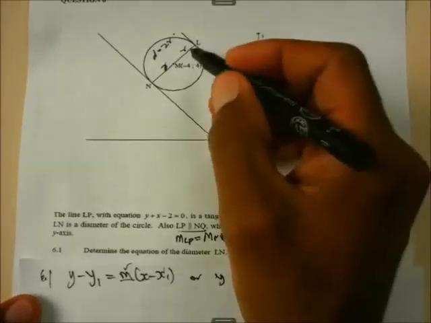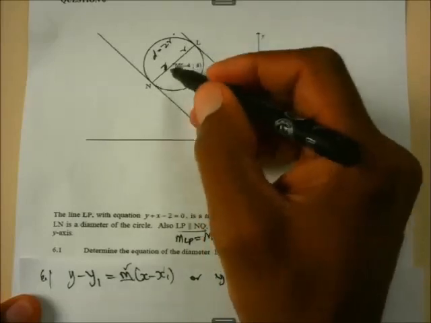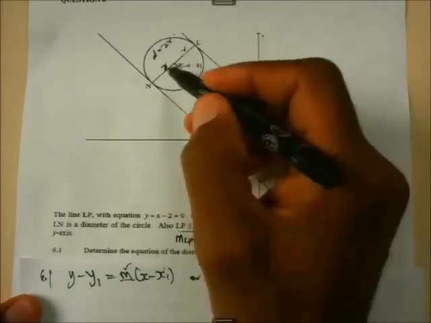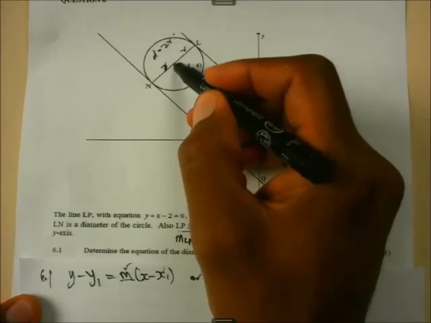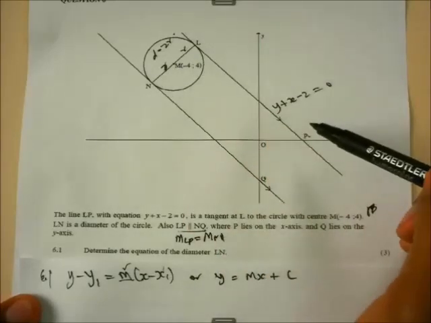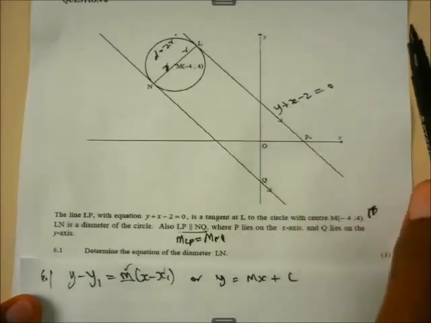Now, if I look at LN, do I have two points here? No, I only see one point here, which is our midpoint. If we have one point, then we cannot use the gradient formula. If you cannot use the gradient formula, what must we do now? Then let us look at other information. We have extra information here.